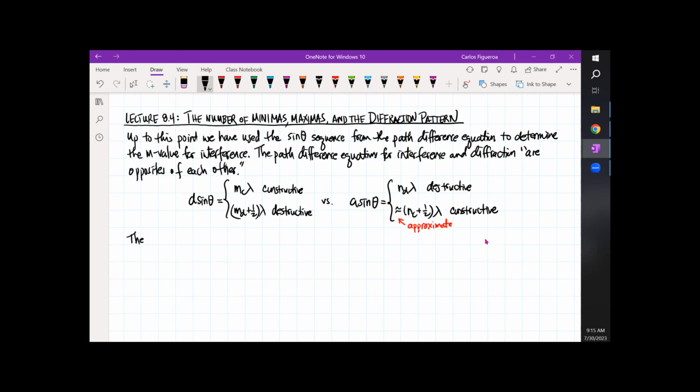The process for determining the minimas slash maximas for diffraction is exactly the same as for interference.